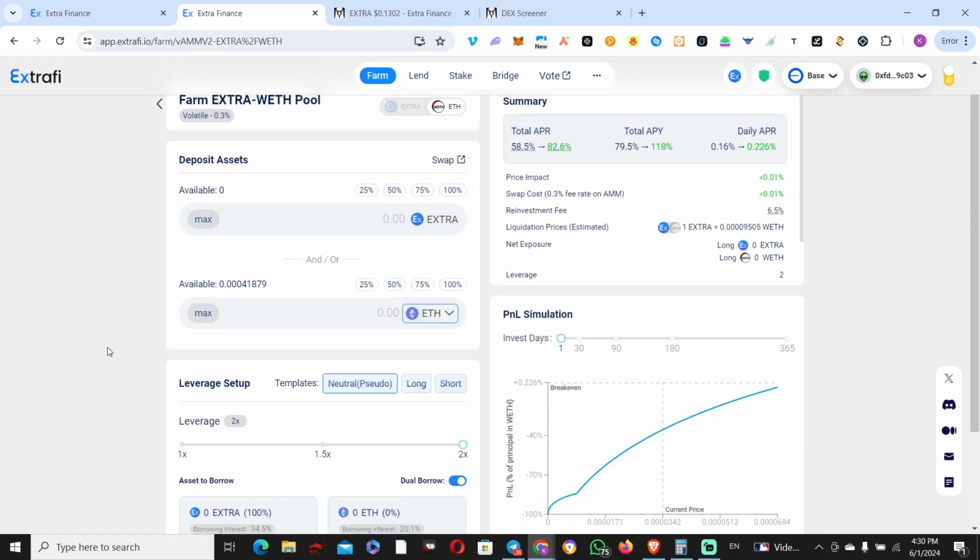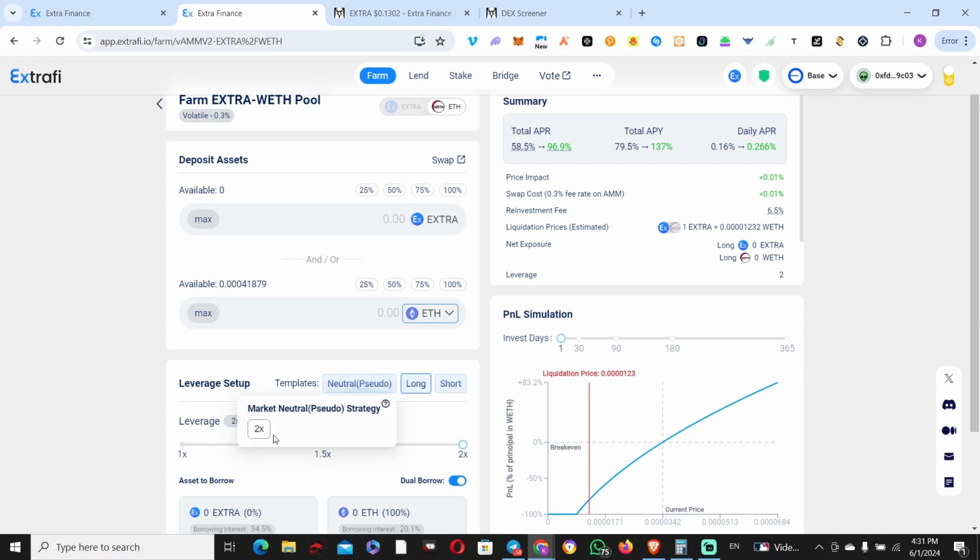If I click on neutral, you will see that the APY/APR are slightly lesser than a long position. If I do a long position, the APY grows stronger. And plus, remember, price appreciation overall helps me increase my position if I am certain that extra will perform well versus ETH, so perform better than ETH.